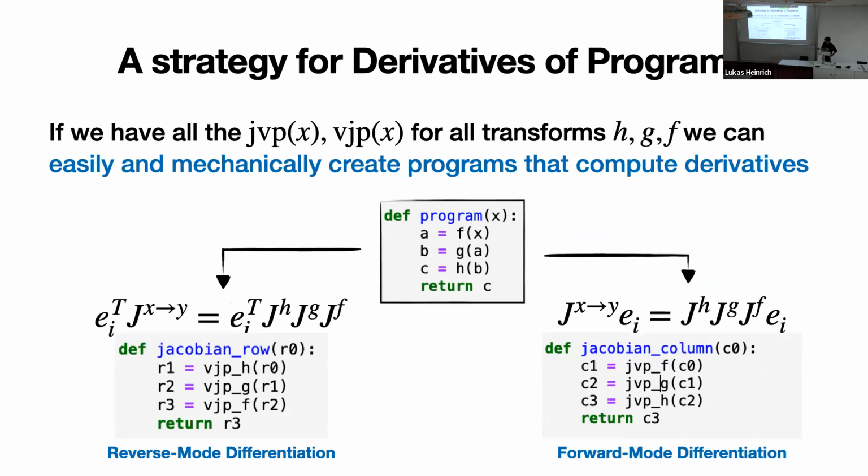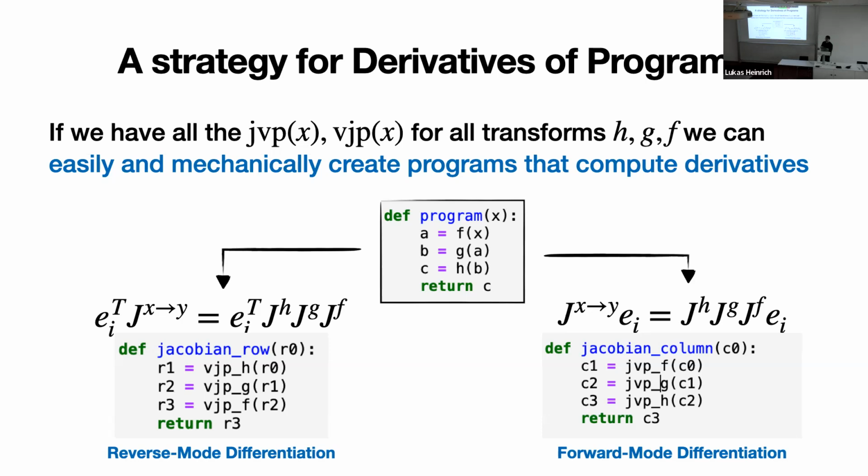Okay, the other direction is also interesting. We can also extract a row of the Jacobian, which is just, instead of using the JVPs, we now use the VJPs. What is happening between the order of operations of the main program and the gradient program? Did anybody notice a pattern? Yeah, it's exactly in reverse. Instead of going f, g, h, we go h, g, f.